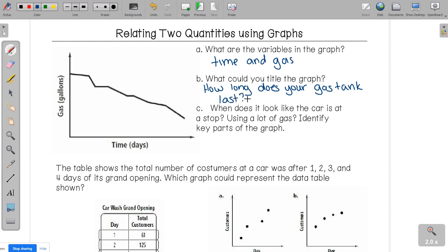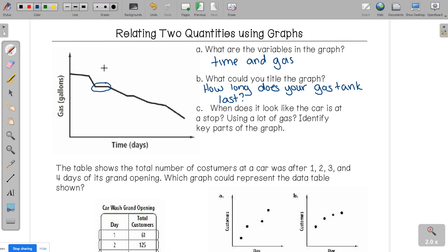Now we need to see what is happening and to identify key parts of the graph. So this part right here, it's a straight line. So what's happening? There's no decrease or increase of gas, and we're spending an amount of time.